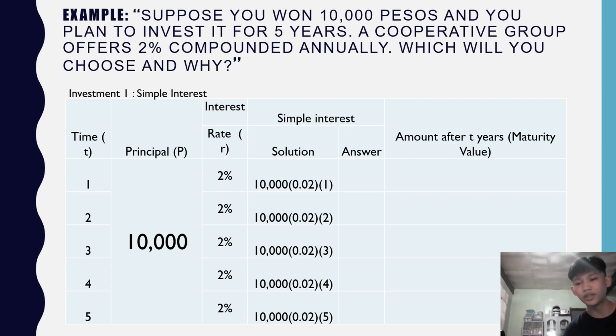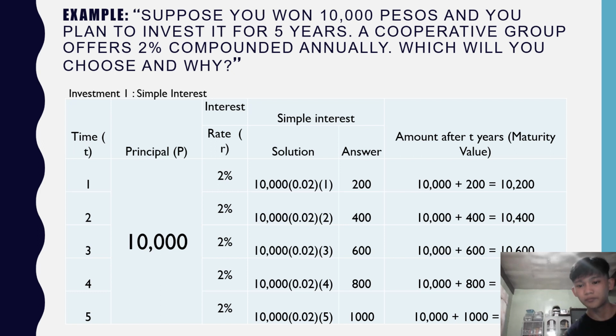So this is going to be the answer, 200, and the amount after time years, the maturity value. You're going to add the 200, which is the answer, to the principal, and we're going to answer the rest.